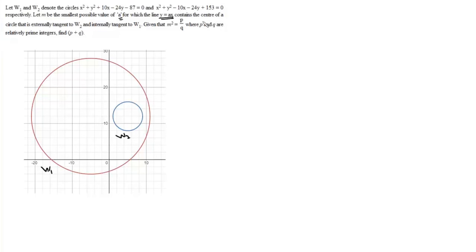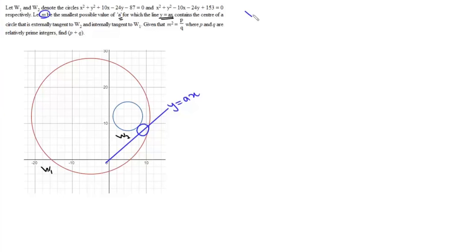So basically we are talking about a circle which touches W1 internally and W2 externally, and whose center lies on this line y equals ax, and the smallest possible value of a is given as m. Now it says if m square is p upon q, then find the value of p plus q.